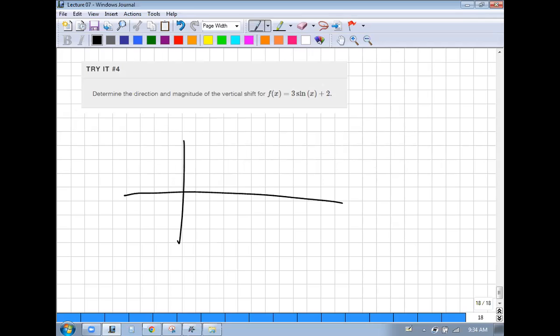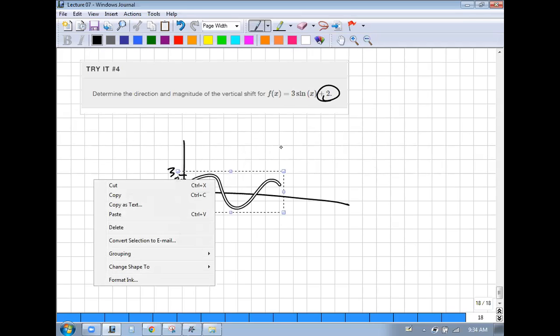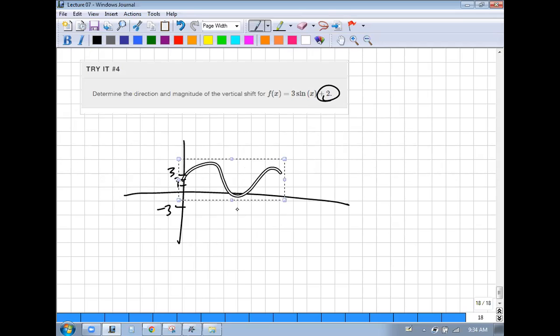So let's see. There's our sine. So instead of being between -1 and 1, it'll be between -3 and 3. But wait, it's got moved up 2. So instead of starting at 0, it's going to start at 2. So I need to move it up 2.